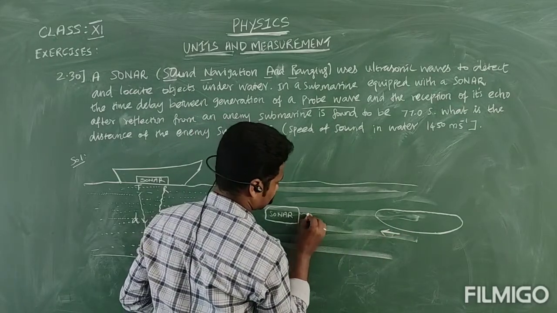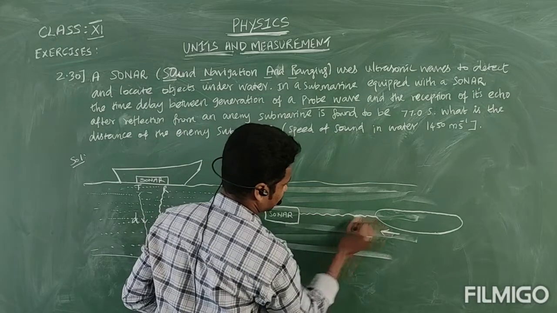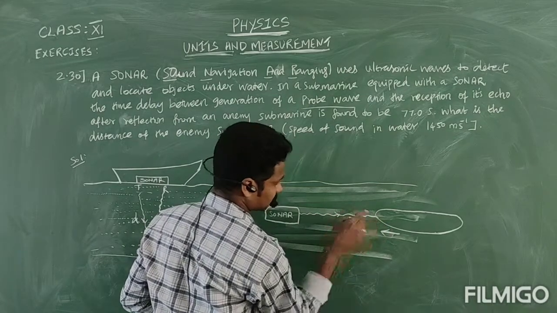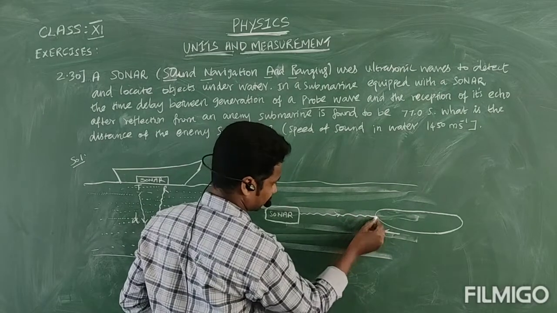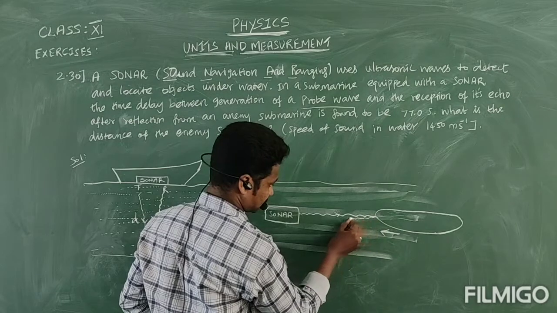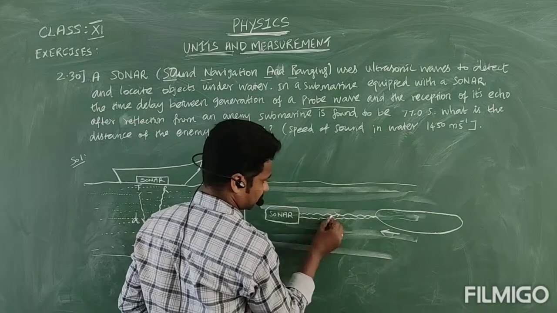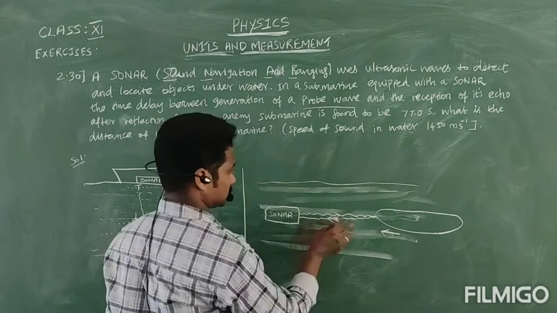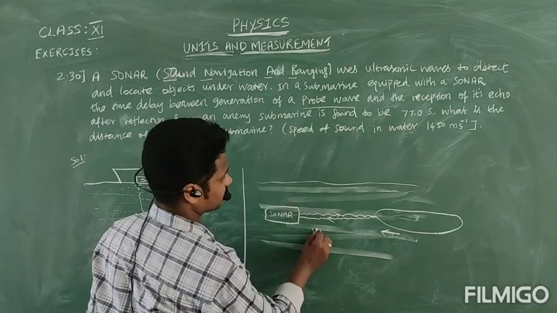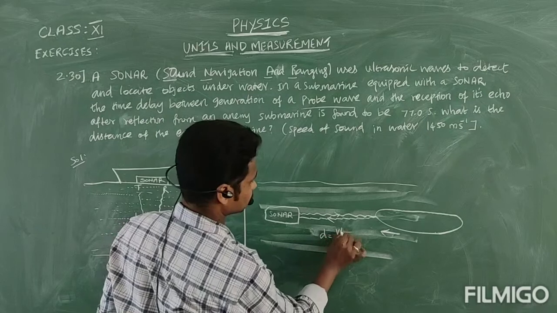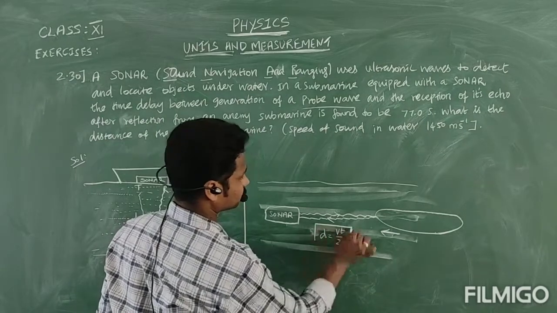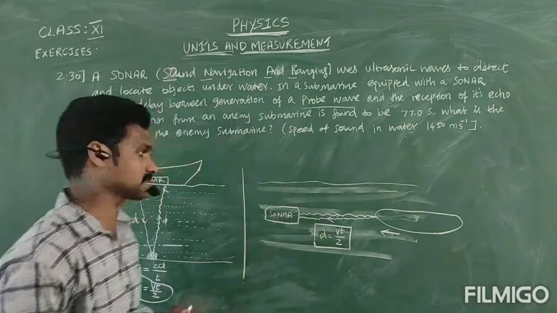The sonar traveling here, then after hit on the target, that means enemy, then it will be returned back. So for understanding purpose, I can send like this. It will be returned back like this. So the same idea only. So we are going to use the formula, that is distance is equal to vt divided by 2. Okay, that's all. This is the logic.